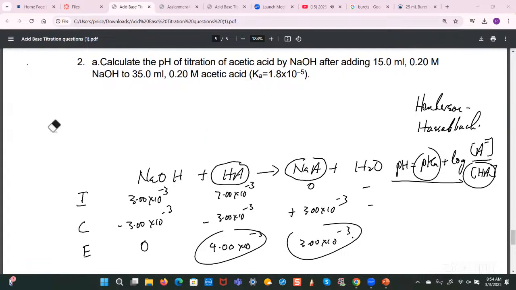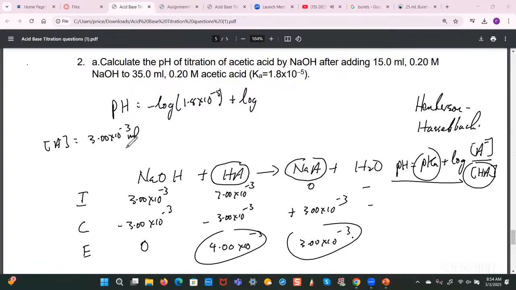So, to calculate the pH, that would be equal to minus log of Ka, which is pKa, 1.8 times 10 to the minus 5, plus log of the concentration. Oh, we need to find the concentration of A minus.